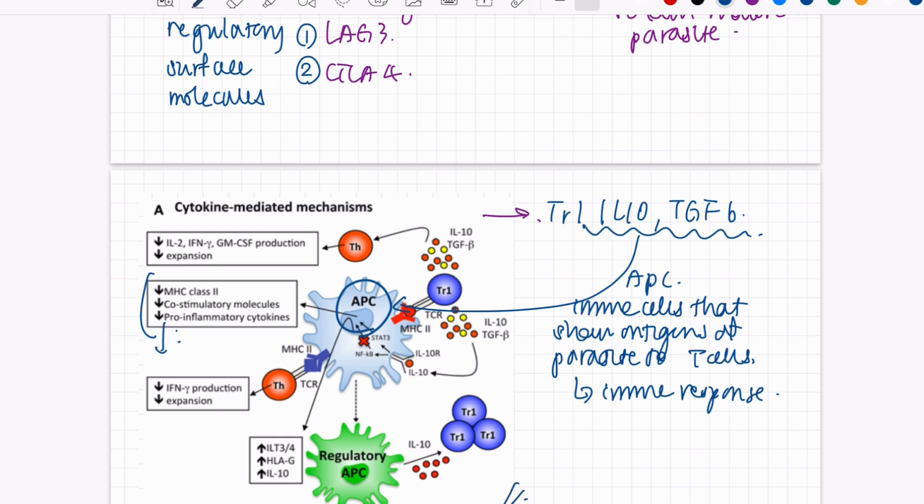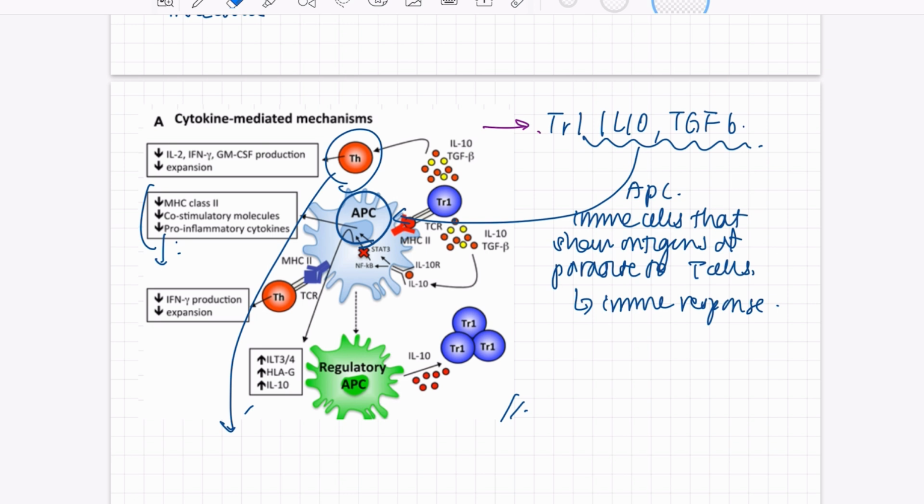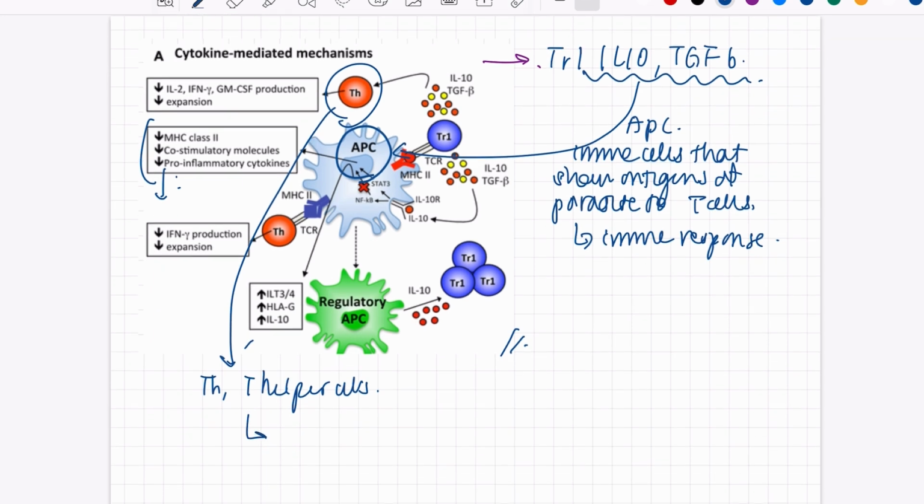Now, one thing that you might have a question about whilst looking at this diagram could be, what are TH cells? Well, these TH cells are T helper cells. And these T helper cells are basically a subtype of the CD4 plus T lymphocytes that we looked at in our earlier videos. Their job is to coordinate the immune response by releasing cytokines.